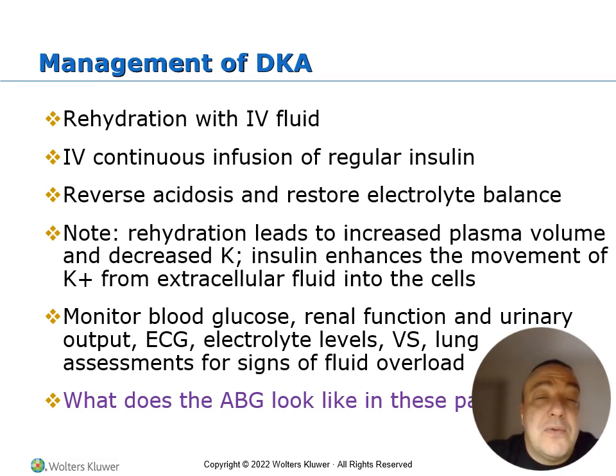And then they will put on a continuous IV drip of insulin. Once those sugars drop, they'll change that over to a D5. A lot of times it's a half normal saline. And then it doesn't change back.